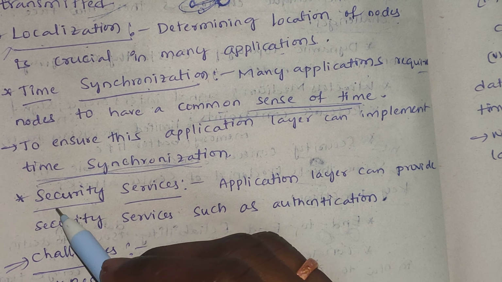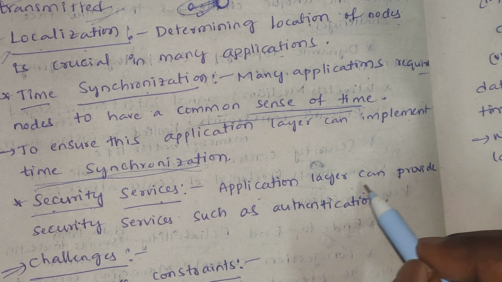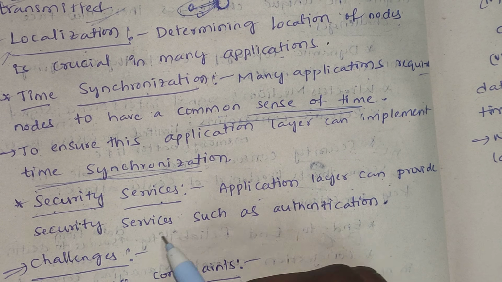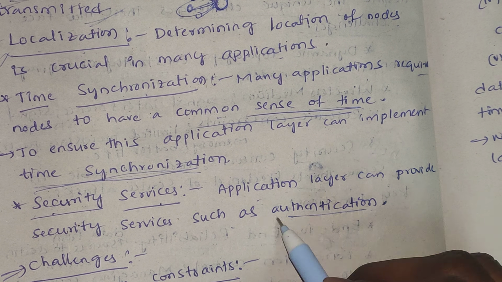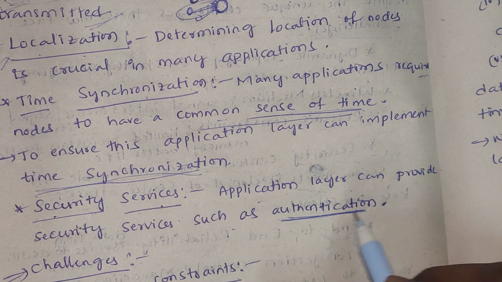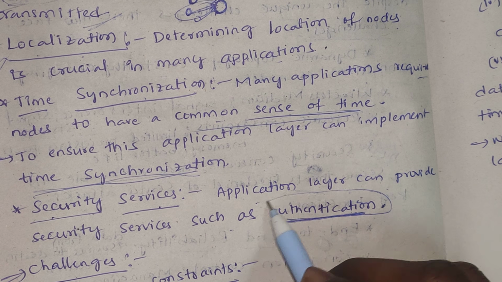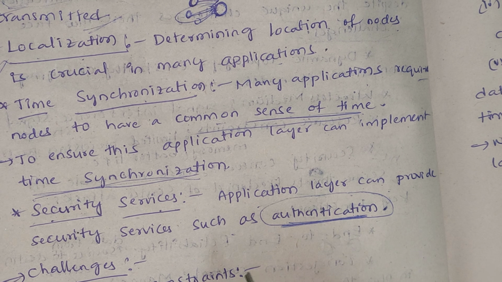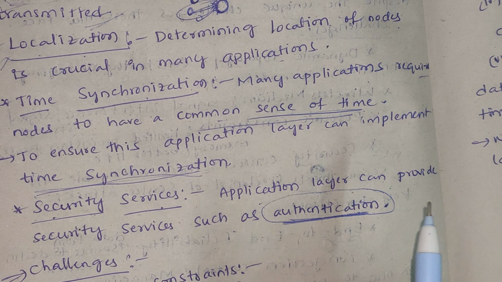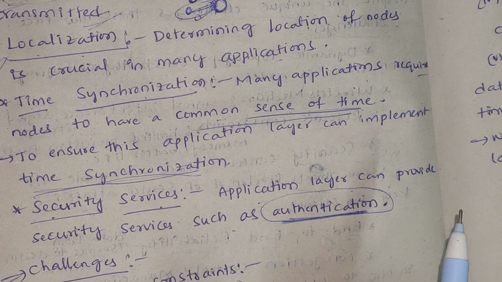Next, security services. The application layer can provide security services such as authentication and authorization. Authentication is a prevention measure of security services in the presence of threats, like denial of service.